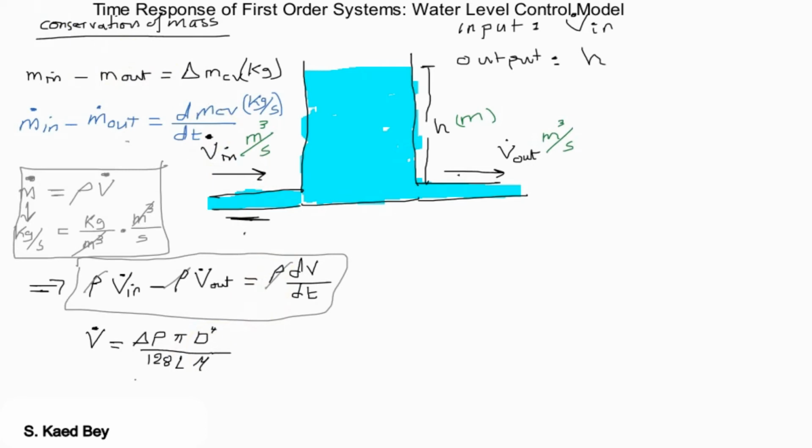This equation is known as the Poiseuille law.